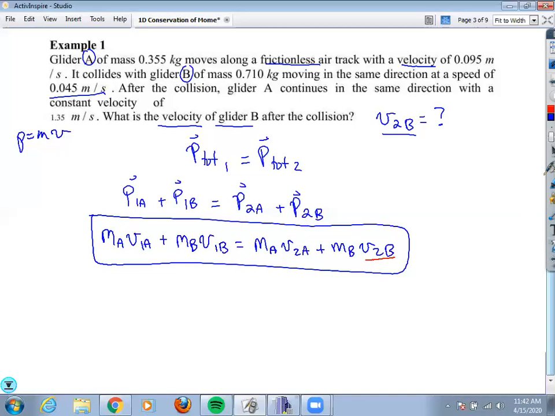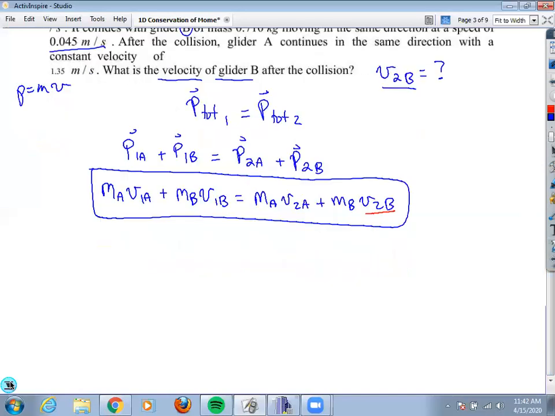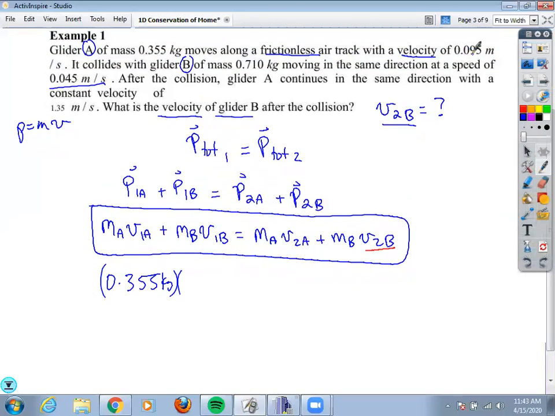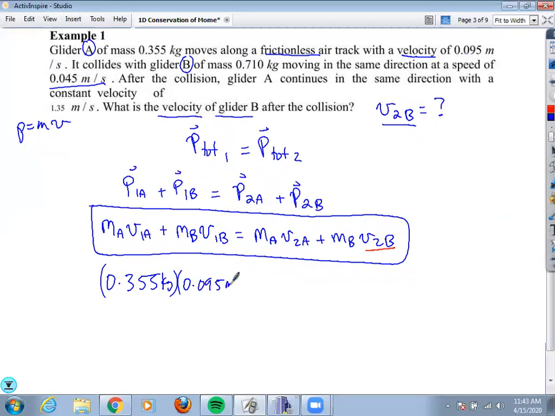So mA is 0.355 kilograms, times v1A, which was 0.095 meters per second. That's mA v1A, plus mB. The mass of B is 0.71 kilograms, times v1B, which is 0.045 meters per second.